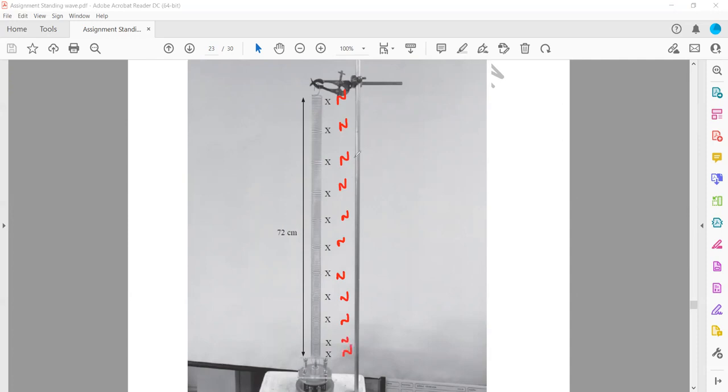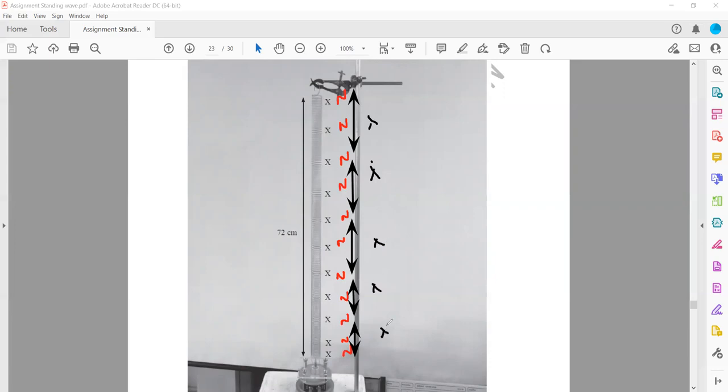And we know the distance between three successive nodes is equal to the wavelength. Because two successive nodes is half a wavelength, three successive is one wavelength. So this is one wavelength, this is the second, third, fourth, and fifth wavelength. So there are approximately 5 wavelengths.